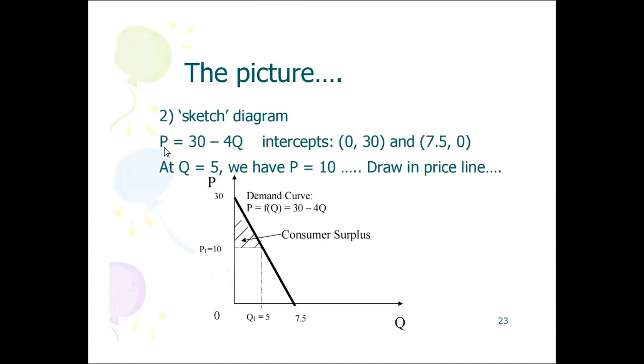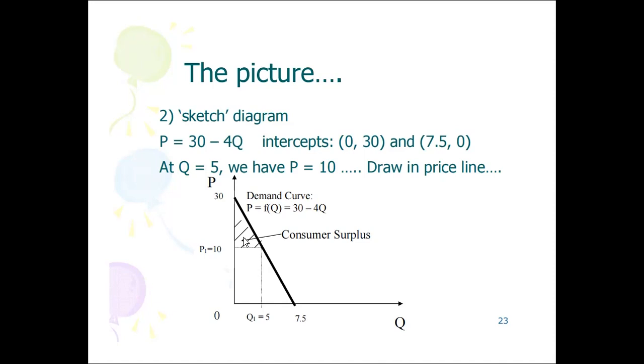Similarly, if price is 0, then Q equals 7.5. So we can draw this curve. If Q equals 5, and if Q equals 7.5, and if P equals 30, then we can join these. Since P equals 10, base price is 10 and base quantity is 5. So this is actually P naught, Q naught for us.